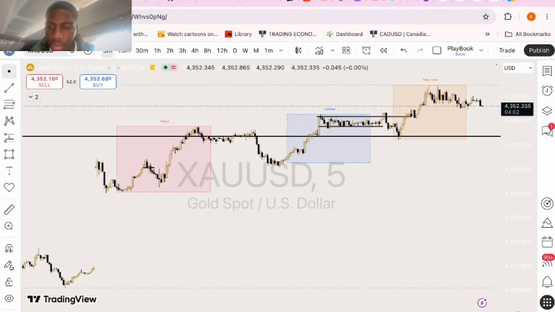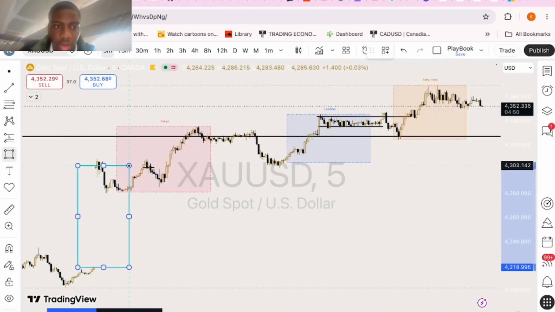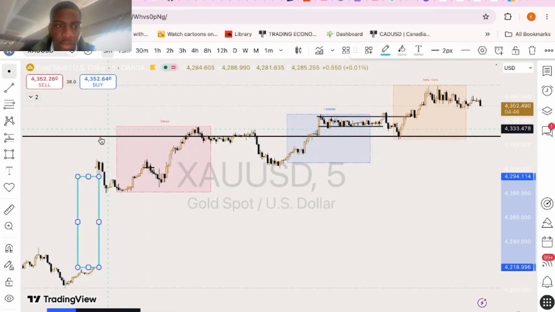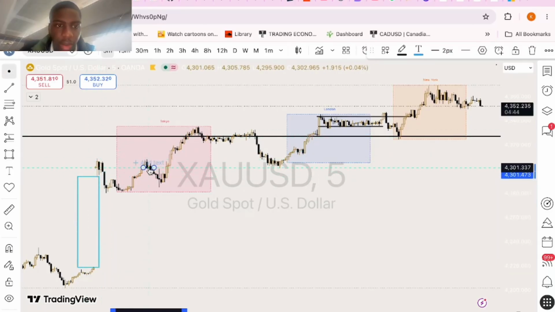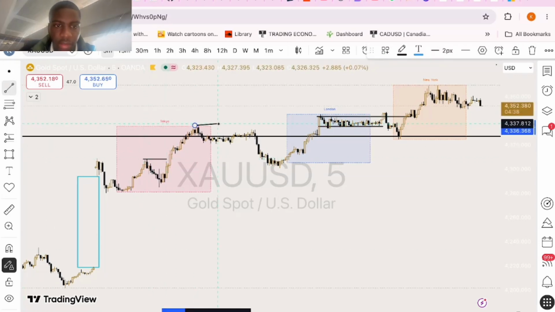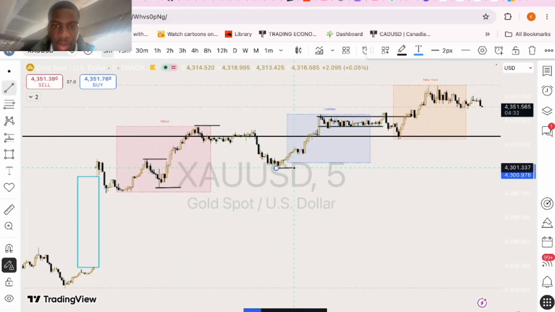So we already know that we've got a lot of bullish price action available in the market. This is why I speak a lot about being able to identify what kind of trend the market is playing out in. You'll see that you have higher highs and higher lows playing out. So you already know you've got bullish price action at play.